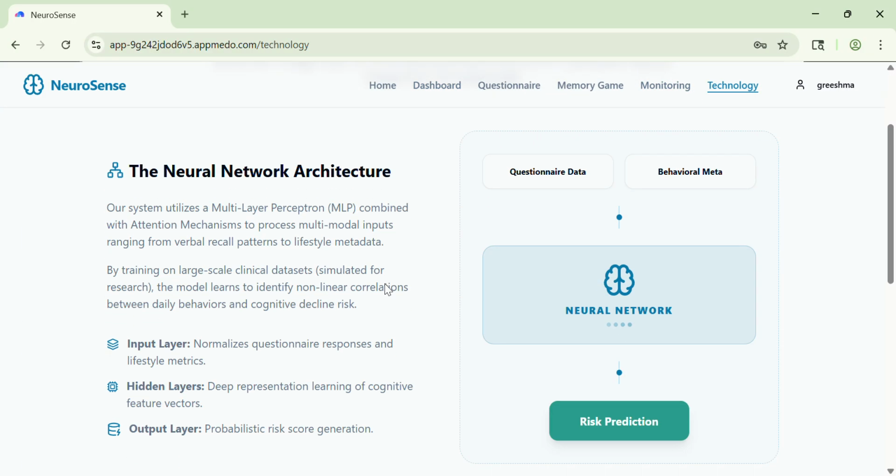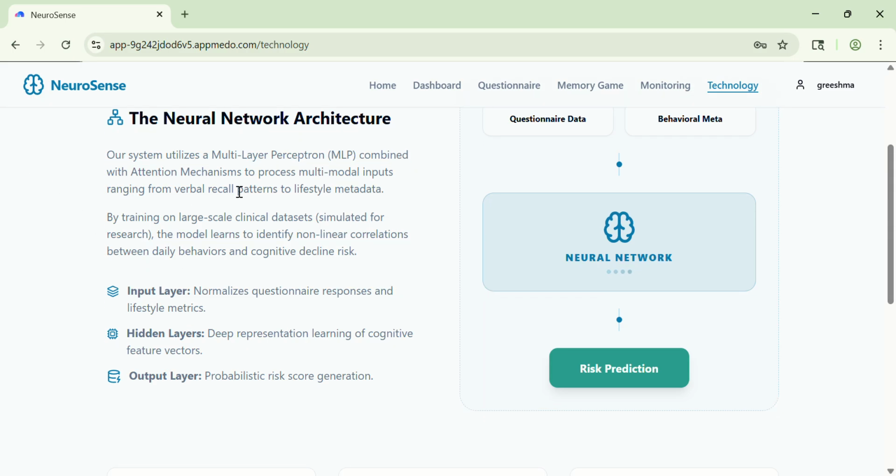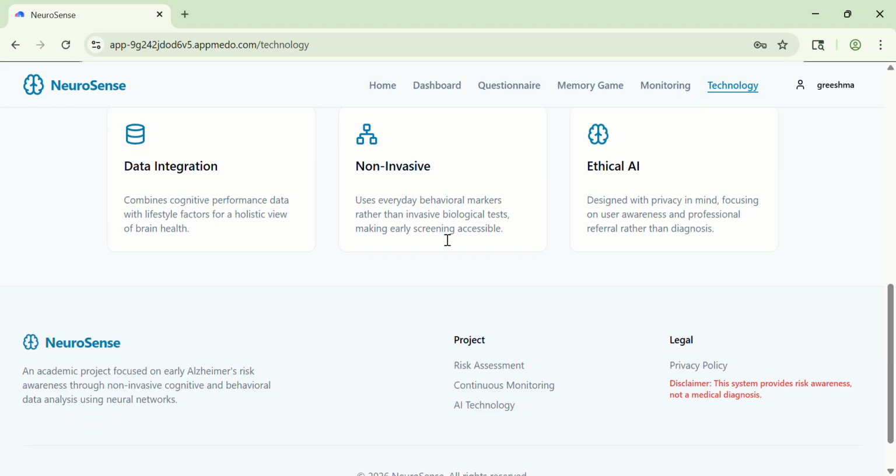Here you can see we used a neural network architecture for building this website, and we are using non-invasive data. Normally, invasive data is like brain scans or body scans. Non-invasive data is real-time data which is given by the user directly.